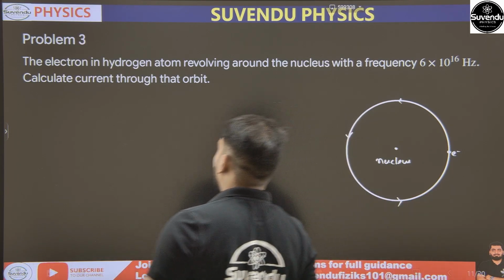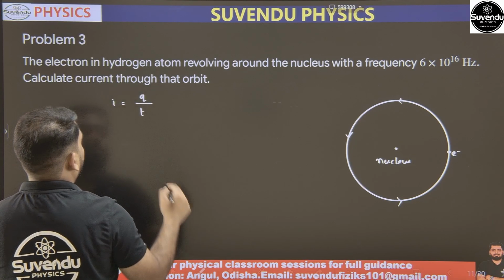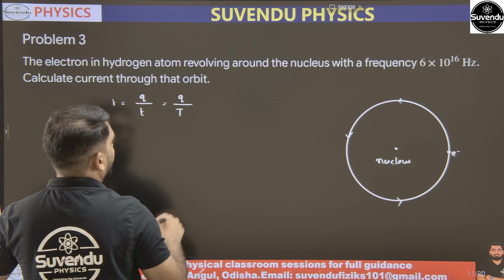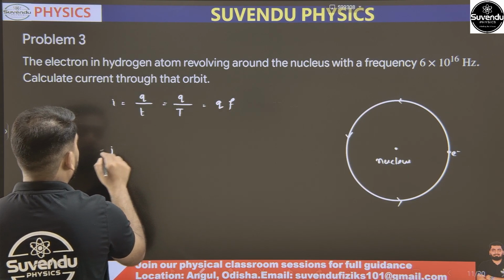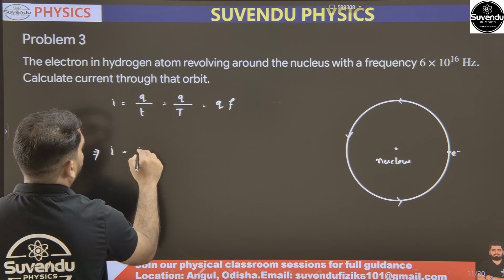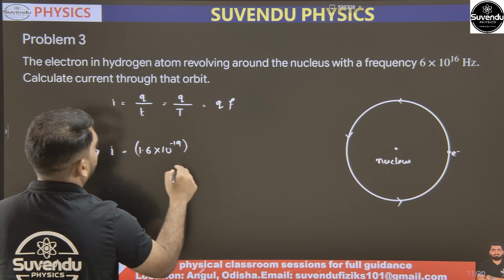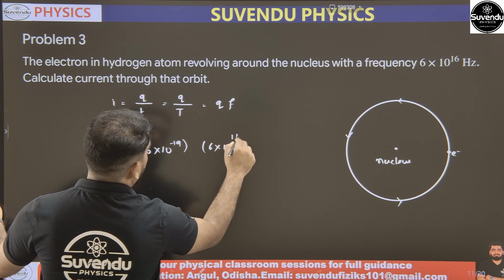And we know I is equal to Q by T. For one complete revolution, the time taken will be the time period capital T, and 1 by time period is frequency, so I is Q into F. As per this condition, the charge of the electron is 1.6 into 10 to the power minus 19, and the frequency given is 6 into 10 to the power 16.